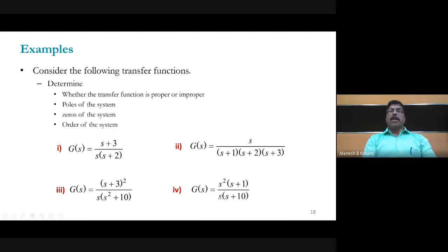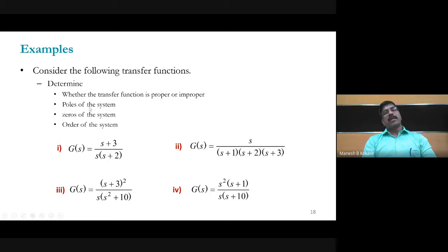Now the denominator power is less as compared to the numerator power. Hence, this transfer function is an improper transfer function. This system is going to be an unstable system. So the first answer is that it is an improper transfer function.